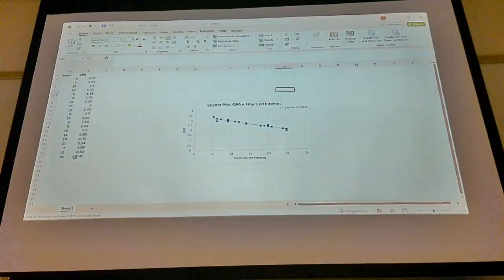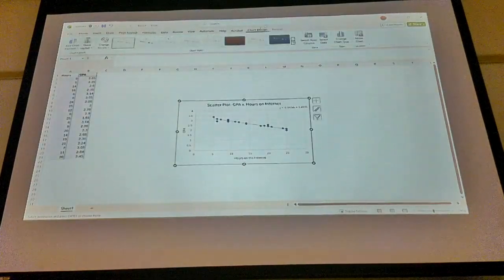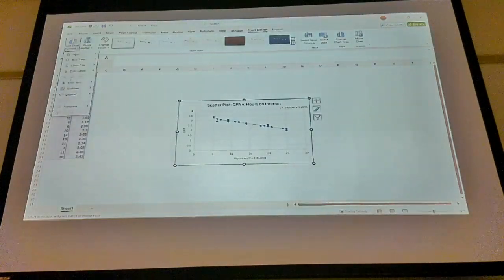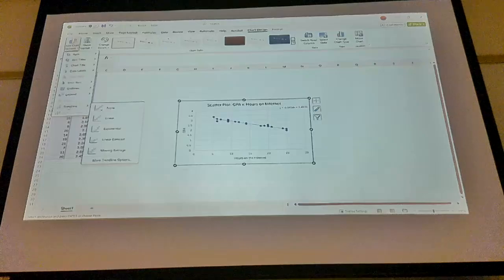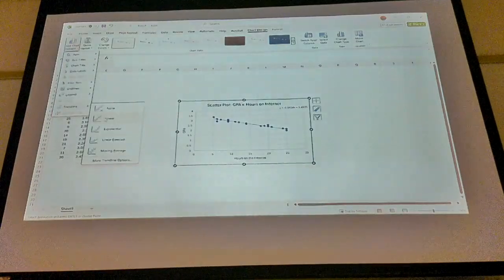But if you need the equation, that's how you do it. You go to chart design, add chart element, trend line, and then you choose the linear one. Just click it once.